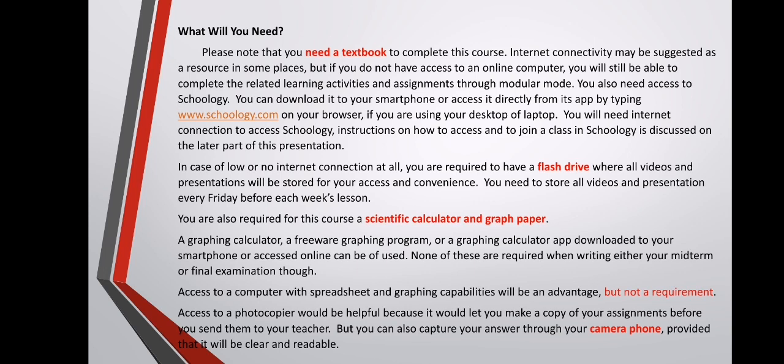Access to a computer with spreadsheet and graphing capabilities will be an advantage but not a requirement. Access to a photocopier would be helpful because it would let you make a copy of your assignments before you send them to your teacher. But you can also capture your answers through your camera phone, provided that they will be clear and readable.